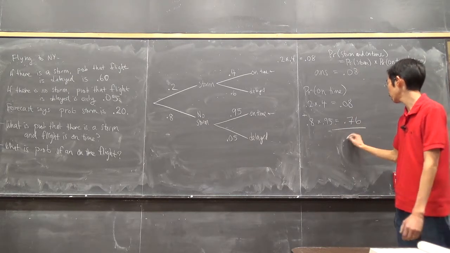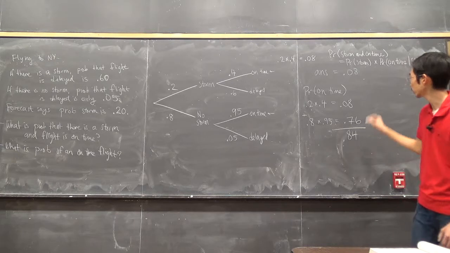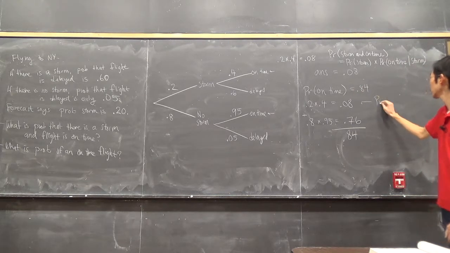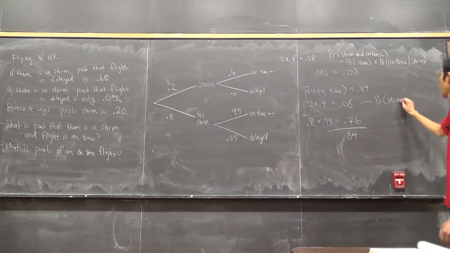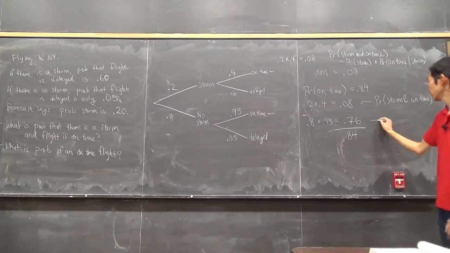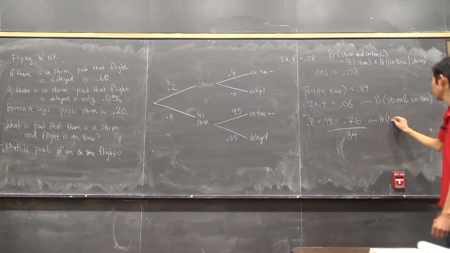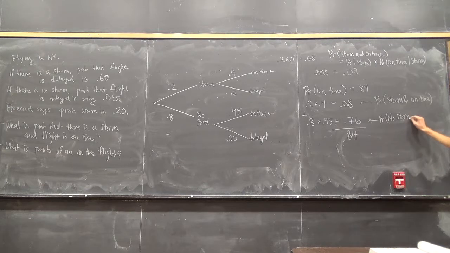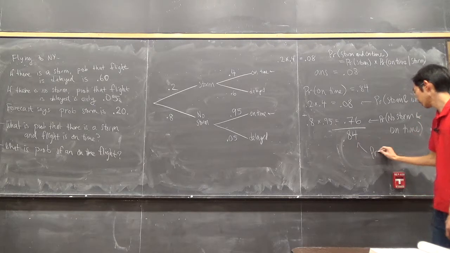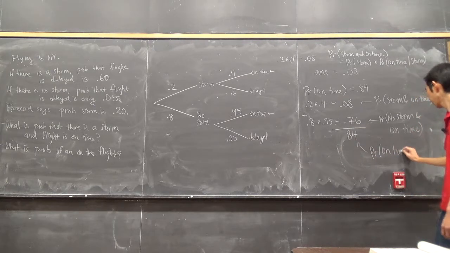And so that adds up to 0.84. This one, again, is probability of storm and on time. And this would be probability of no storm and being on time. And when you combine those two together, that ends up being the overall probability of being on time.